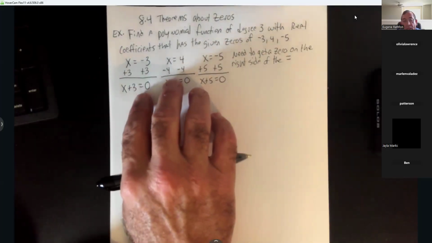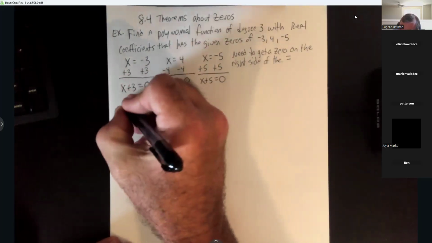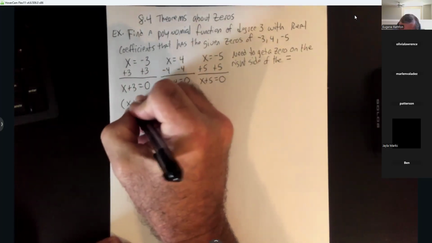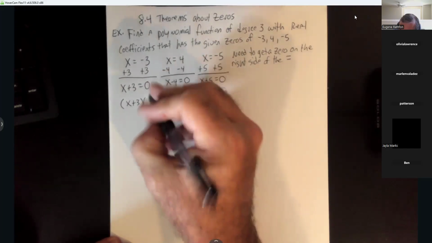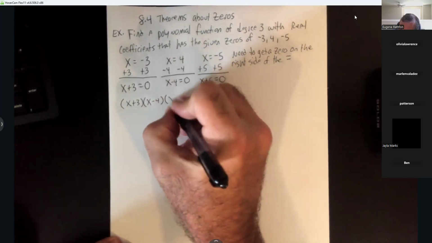Alrighty, continuing in reverse, I got three factors that are equal to 0. So at this point, I can multiply all these together, and I'm still going to set it equal to 0.